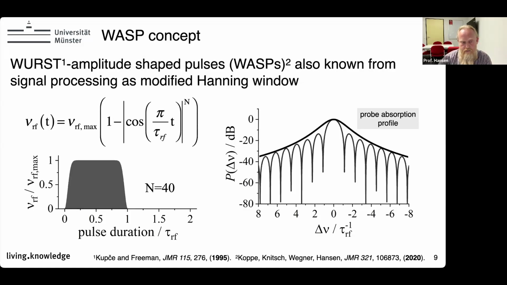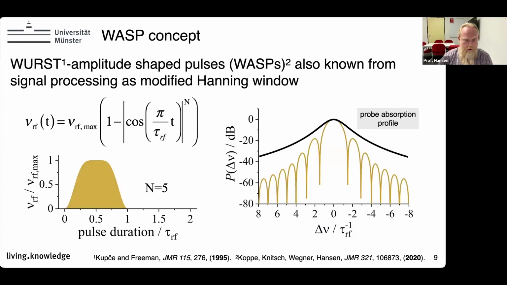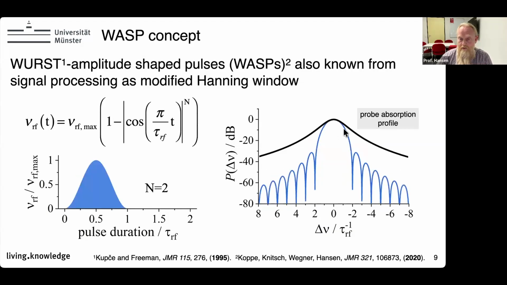And you can see that it gets broader the lower you get with the shape factor of the amplitude profile. And the wider the main lobe gets. And if you go all the way down to 2, you have basically the same profile here as this, let's say, fictitious probe absorption profile.